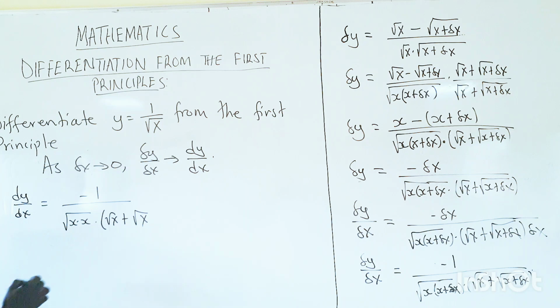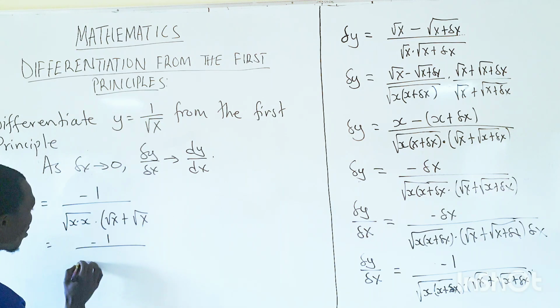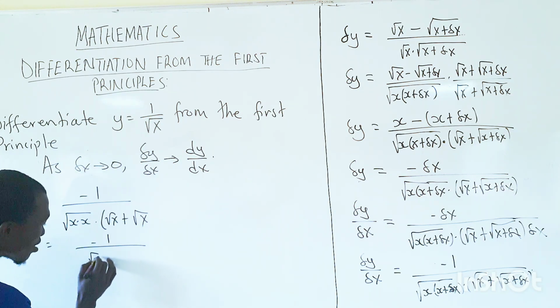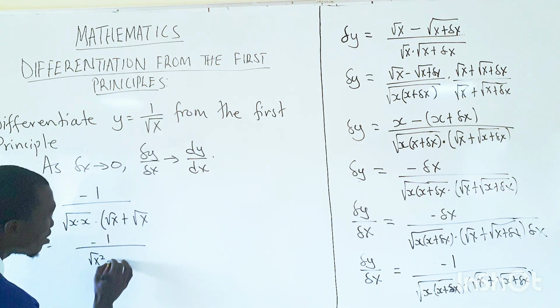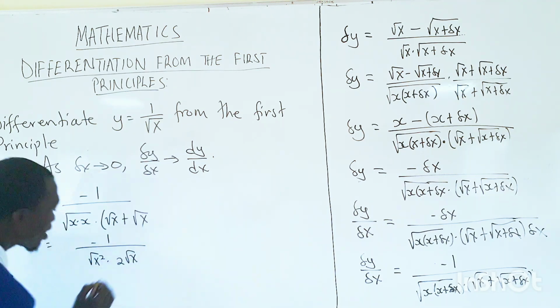From here, if we simplify this further, this will be negative 1 over root 2x squared times 2 root 2x, this adds up to give us 2 root 2x.